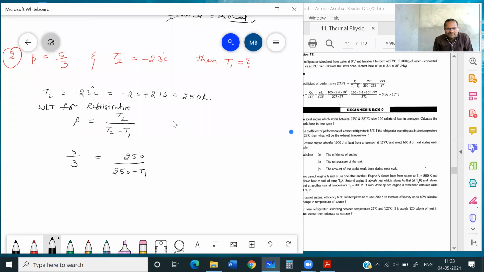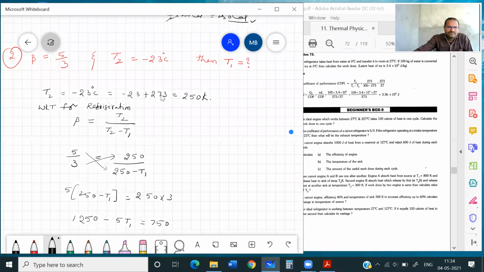Cross multiply: 5 into 250 minus T1 is equal to 250 into 3. 5 into 250 is 1250. So 1250 minus 5T1 is equal to 3 into 250, which is 750.